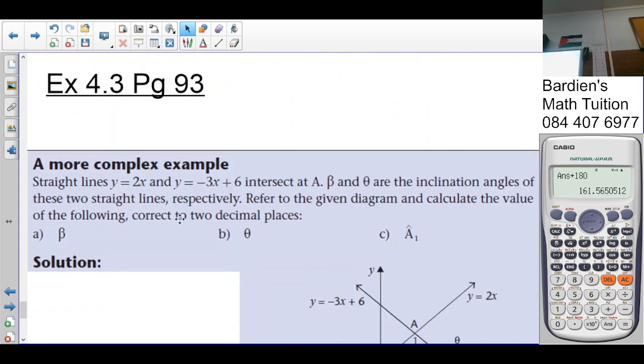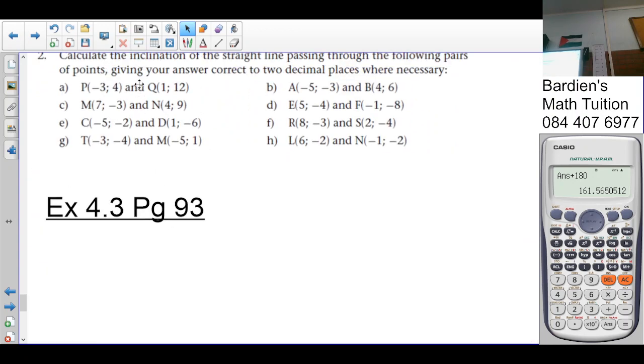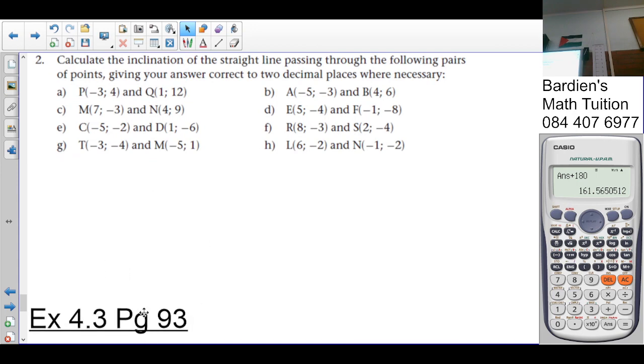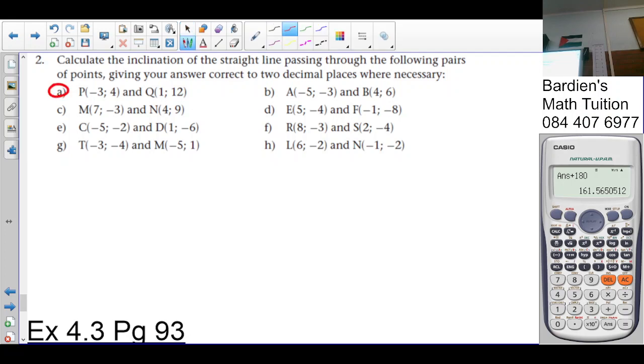Number 2. So exercise 4.3 on page 93. Calculate the inclination of the straight line passing through the following pair of points. Give your answer correct to 2 decimal places. So let's look at A. We know that tan of theta equals the gradient.